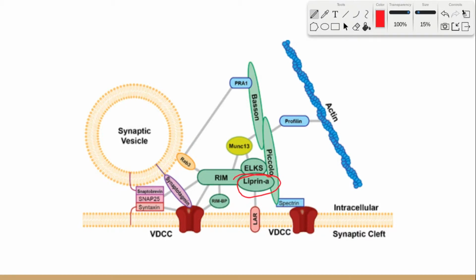Liprin A is these liprin proteins, just multiple of them. They are responsible for tethering the synaptic zone proteins directly to the membrane by binding these transmembrane LAR proteins. So this is another way that synaptic vesicles are kind of held right close to the active zone in the plasma membrane.